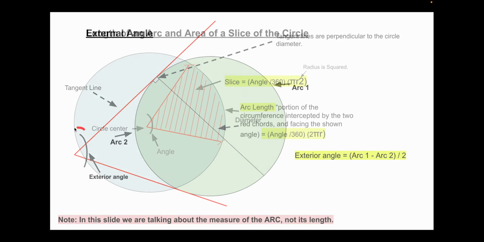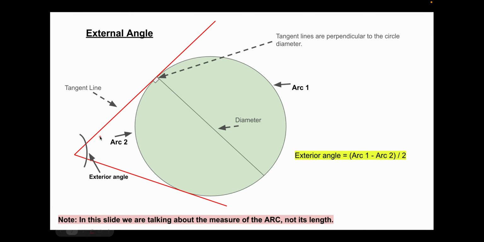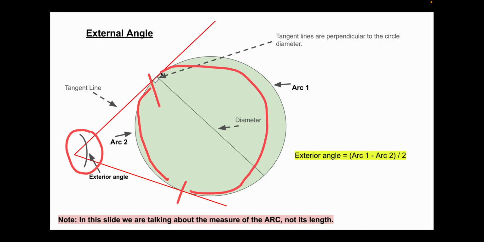The external angle is outside the circle, created by two tangents to the circle, intercepting two arcs. A small arc and a large arc that goes from this point to this point. And the formula is arc 1, which is the largest arc, minus arc 2, divided by 2.